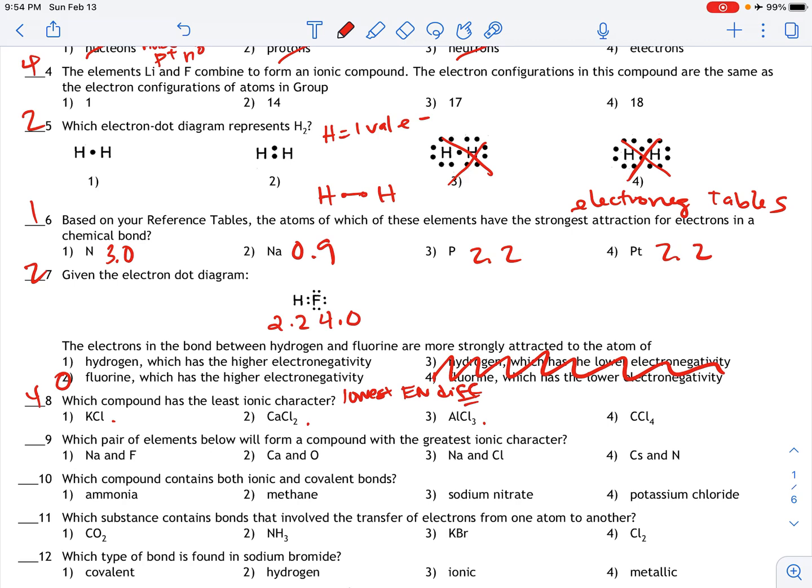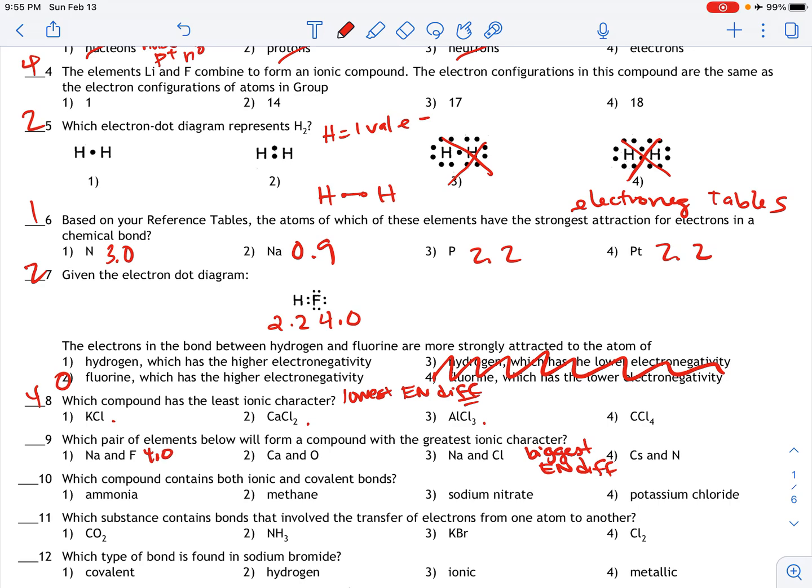Since I don't have a paper reference table with me right now, I would just have to go with that. Greatest ionic character will be the biggest electronegativity difference. So we don't want anything covalent, which we don't have.